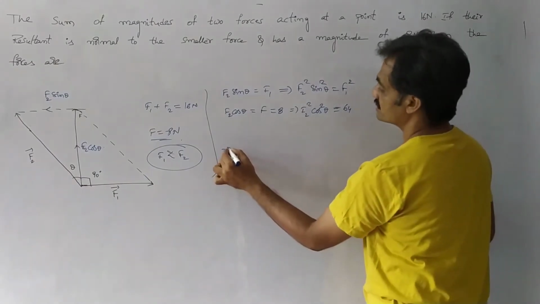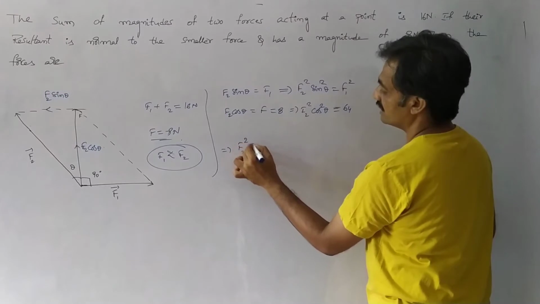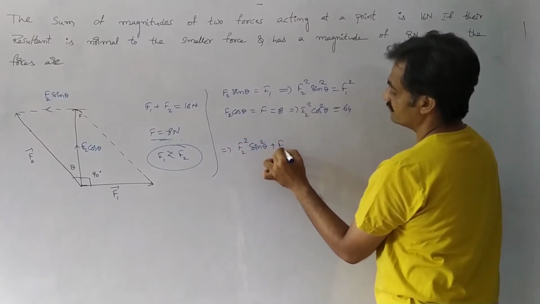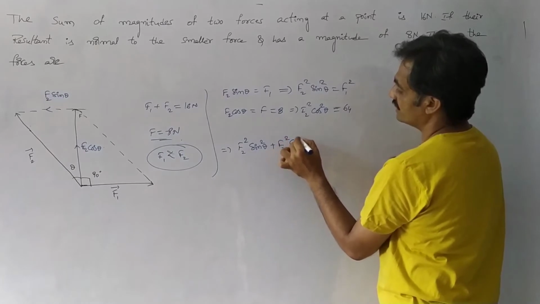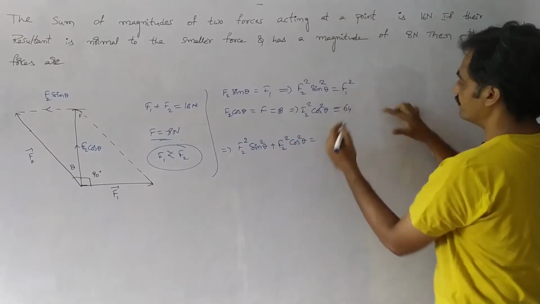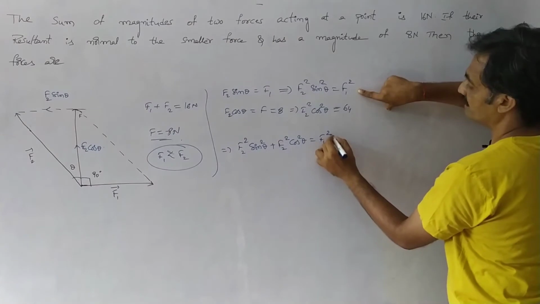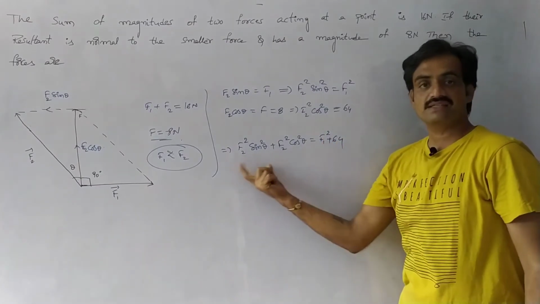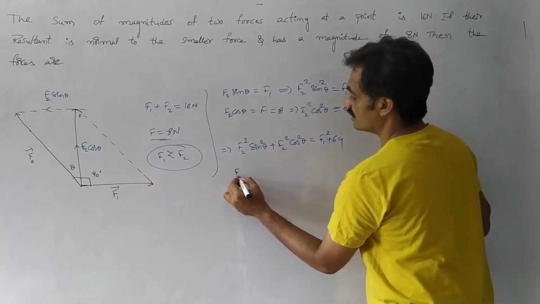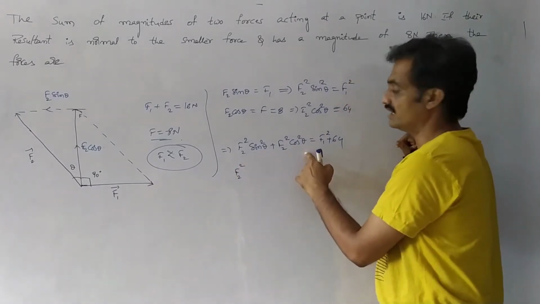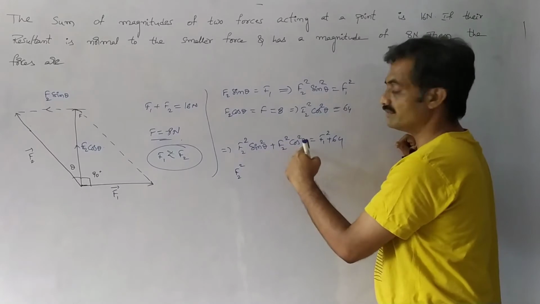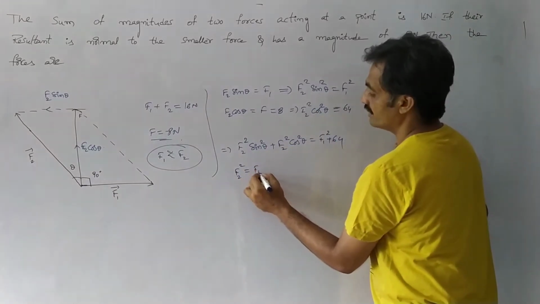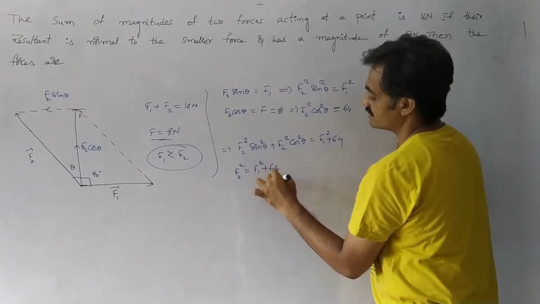On adding these two equations, we get F2 square sin square theta plus F2 square cos square theta equals F1 square plus 64. Taking F2 square as common, we have sin square theta plus cos square theta, which is 1. Then we have F2 square equals F1 square plus 64.